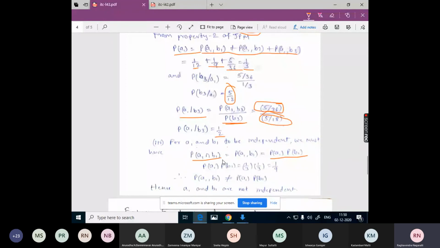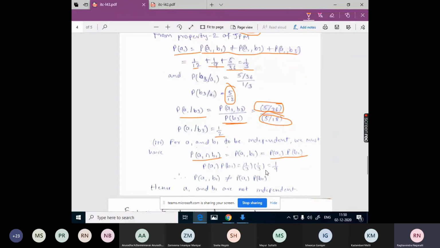This condition, this formula, we have already covered in the introduction class, the first 3 to 4 classes which we have taken for this subject.